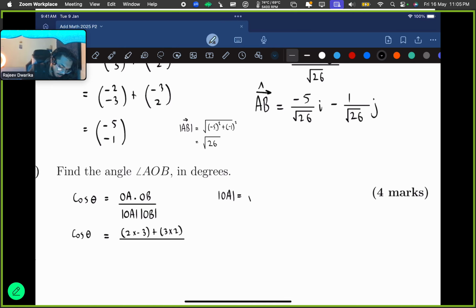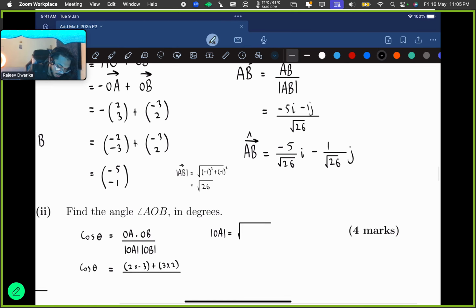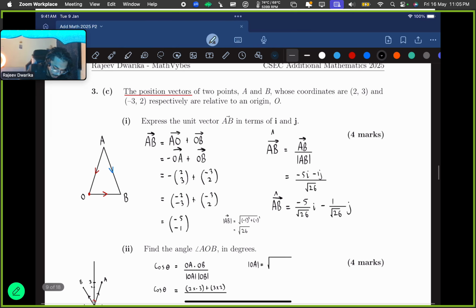The magnitude of O to A is the square root of 2 squared plus 3 squared, and O to B is the square root of minus 3 squared plus 2 squared. You need to put the brackets, guys, because if you say minus 3 squared, that will be minus 9.